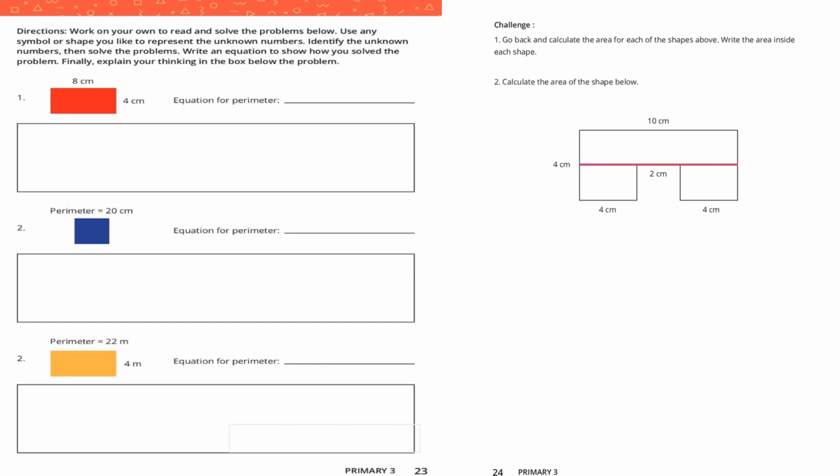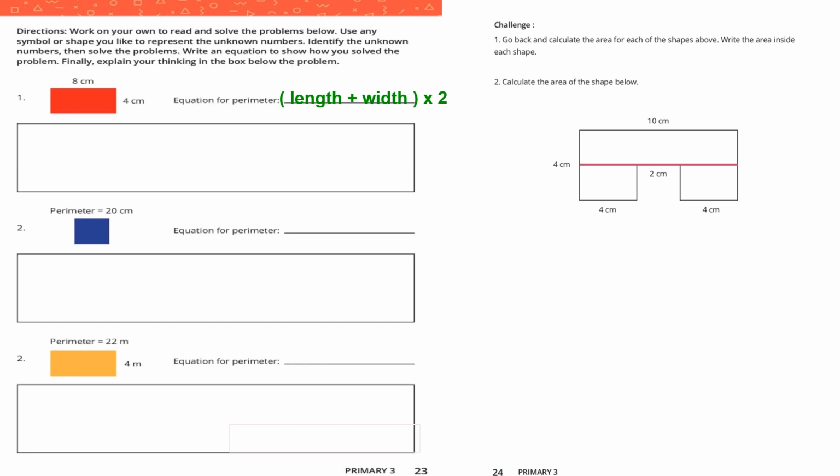Number 1, here we have a rectangle. This rectangle has length 8 centimeters and width 4 centimeters. I want to know the perimeter. The perimeter of a rectangle equals length plus width times 2.